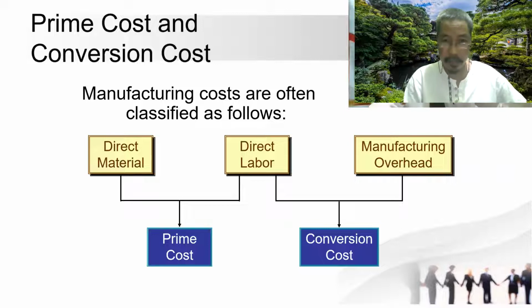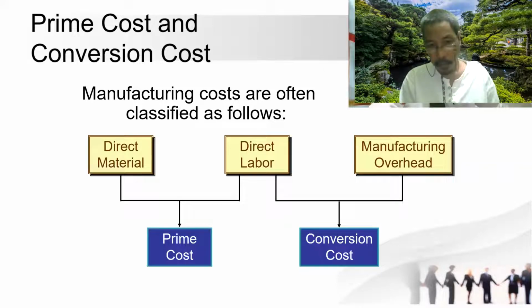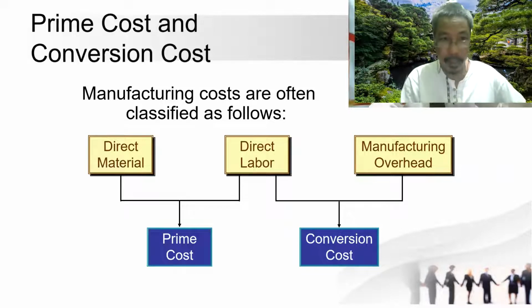How about conversion cost? Conversion cost are some direct labor and manufacturing overhead. So as you can see, conversion costs do not have direct material cost, and prime cost do not have overhead cost.